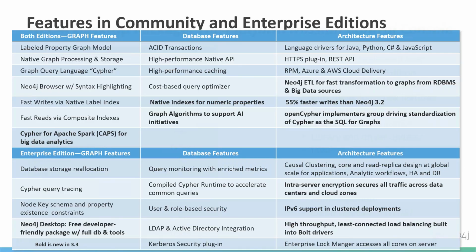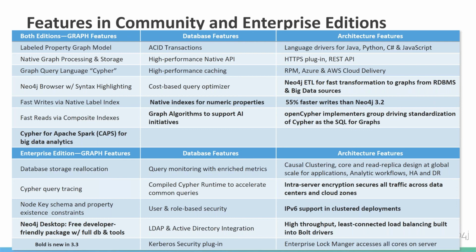Now, as I wind down my core sets of features, what do we put into Community Edition versus Enterprise Edition? Those are listed here. The big things include Cypher for Apache Spark, native indexing, graph algorithms, Neo4j ETL for open source databases, and the rest of the activity happening around OpenCypher.